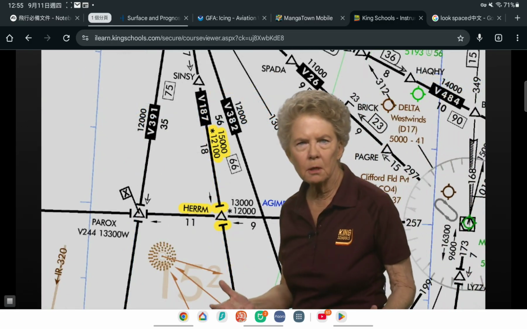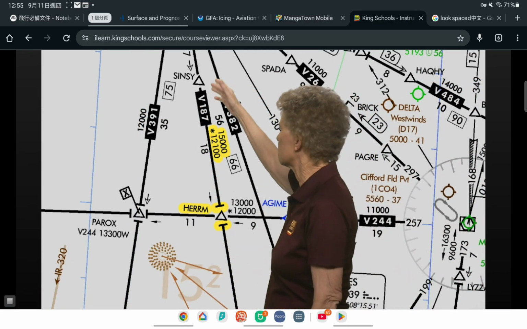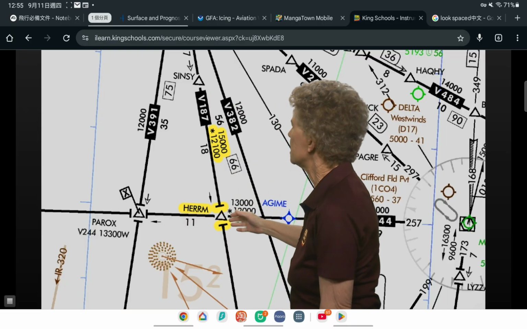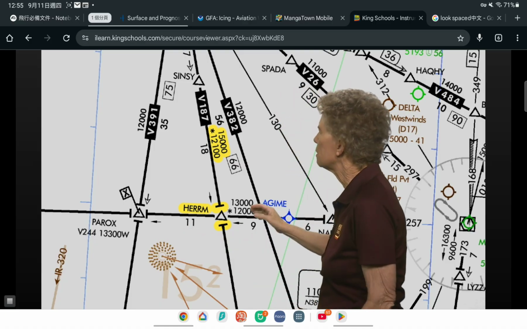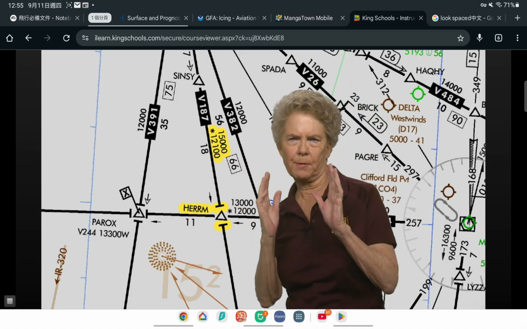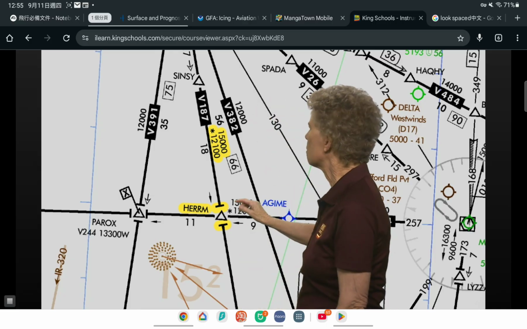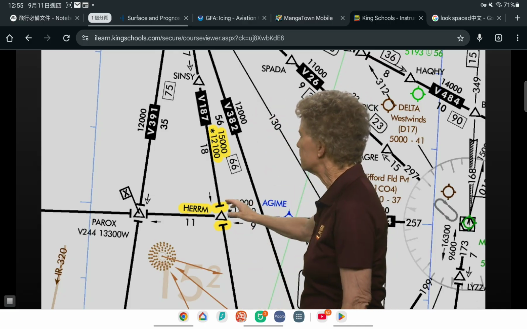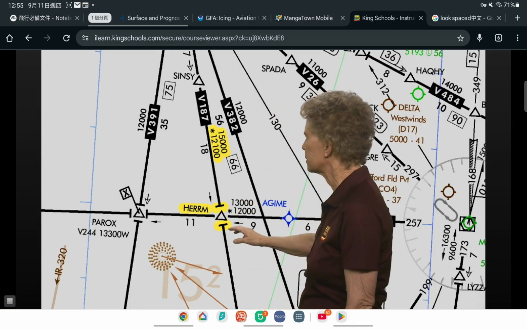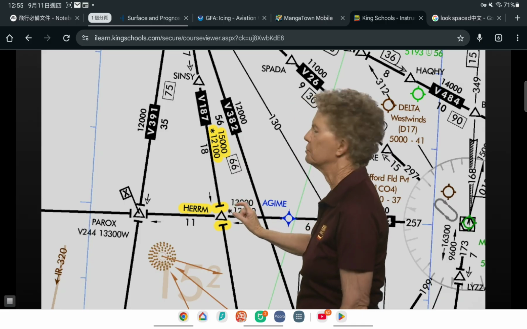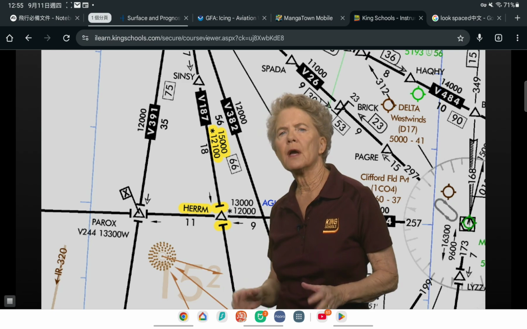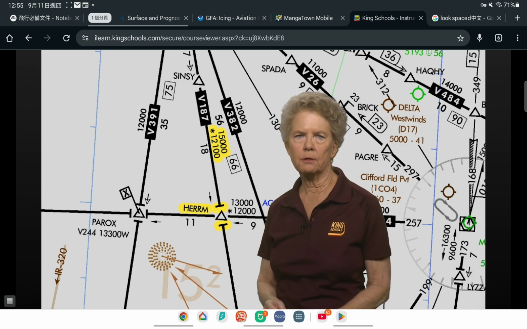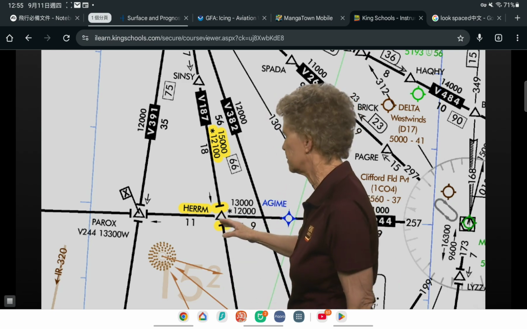Now, as you go a little bit more to the south on that airway, notice that you get to an intersection called Herm. And notice that there are little, what I call dinner plates or fence posts across the airway on either side of Herm intersection. That is an altitude change point, and it's the signal to you that you have a change in the charted altitude at that intersection.